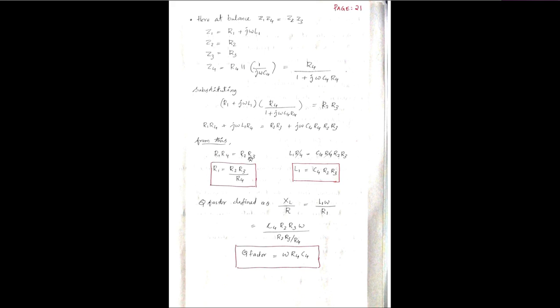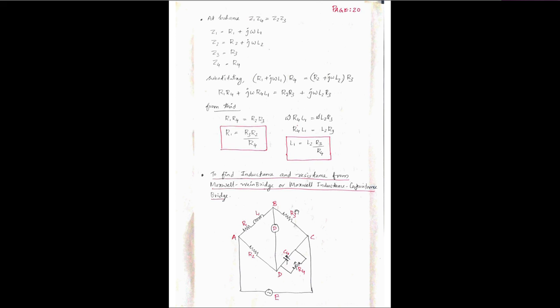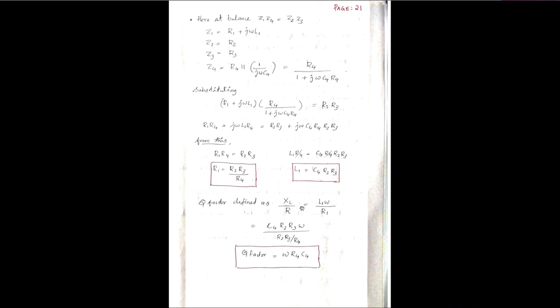These are the expressions for resistance and inductance for Maxwell's Wien bridge. Also the Q factor is defined as XL divided by R, where XL is omega L1 and R is R1. Substituting, the Q factor equals omega R4 C4.